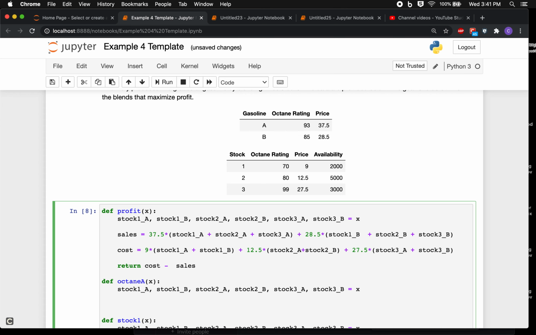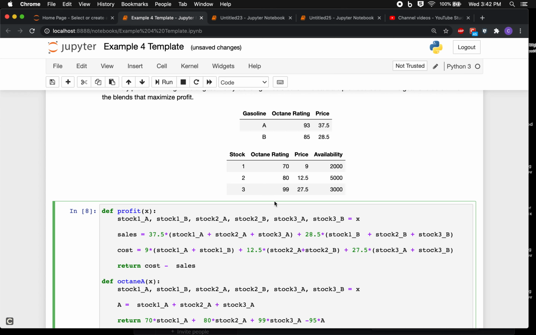And so what we're going to say is that the total amount of A that we make is stock 1 to A plus stock 2 to A plus stock 3 to A. And so as we did before, stock 1 to A contributes an octane rating of 70, plus stock 2 is 80 times stock 2 to A, plus 99 times stock 3 to A. And that has to be bigger than 93 times the total amount of A that we make.